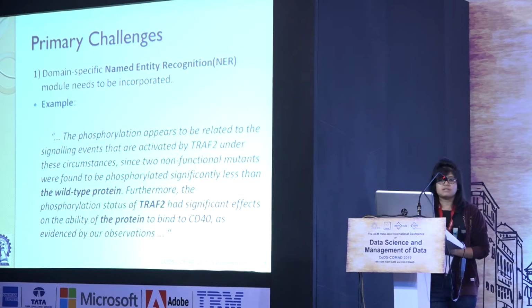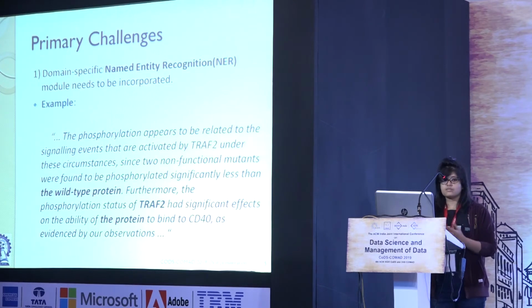Coming to the primary challenges that we face in the biomedical domain. In the general domain English, we consider the co-reference problem across all the noun phrases. Suppose in a particular document there are 10 sentences, and in each sentence there might be 4 or 5 noun phrases.